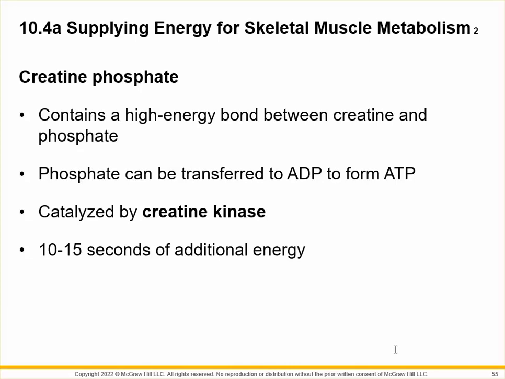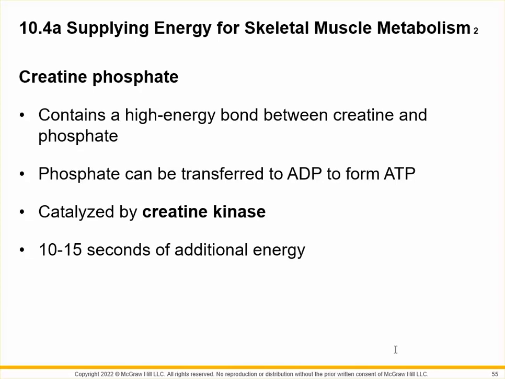So in a sport like the 100-meter running, the person can do the 100 meters on their stored ATP and their stored creatine phosphate. But that's about as far as you can get.